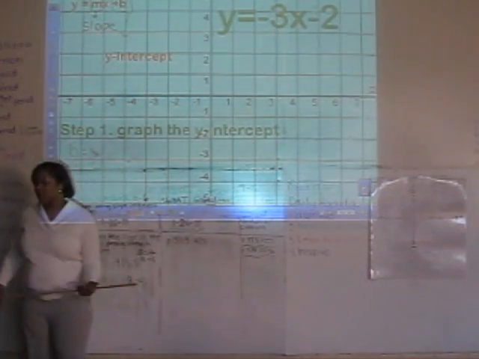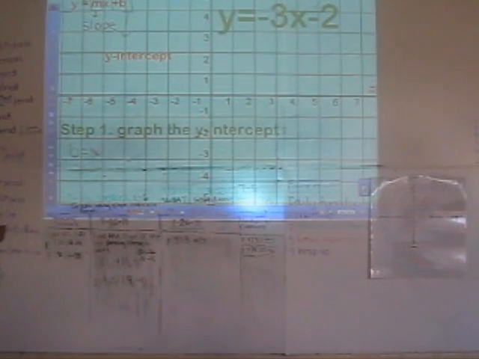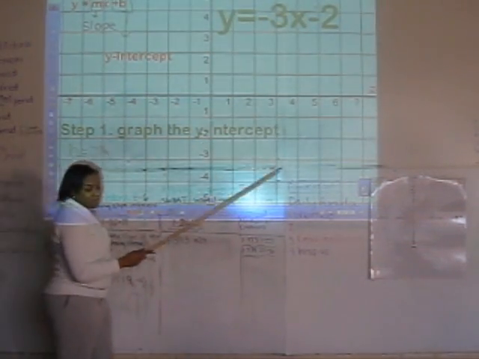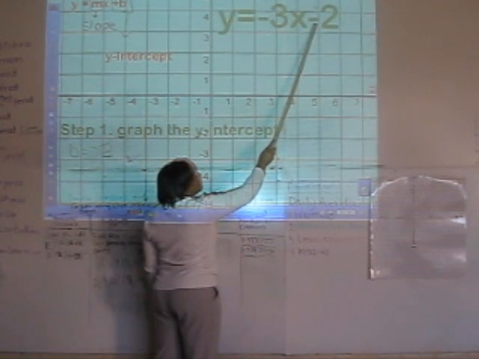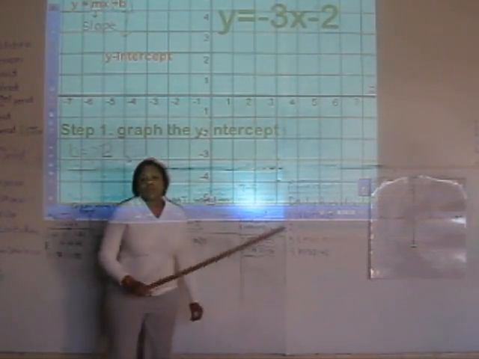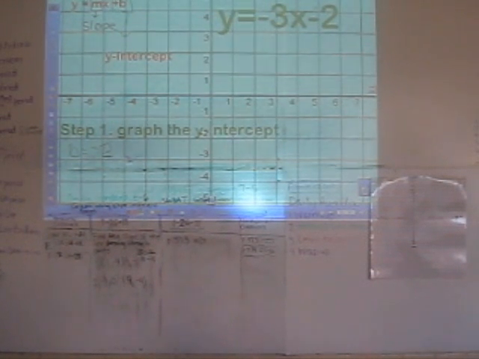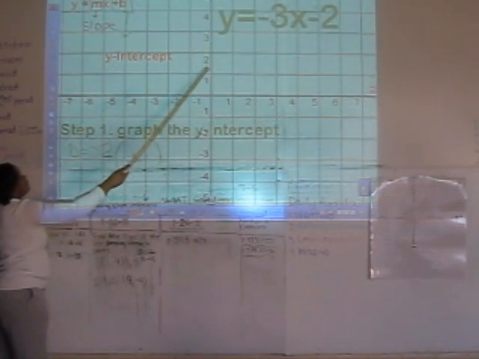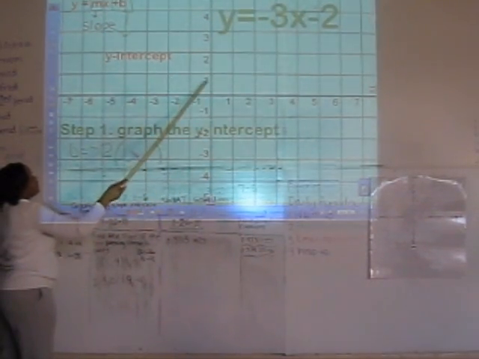Raise your hand if you think you know what b is in this equation. Okay, Acacia? Right. And I'm glad she said -2, because she noticed that a subtraction was in front of the 2, so that was very, very good to say -2. b equals -2. Then we're going to write this as an ordered pair. Notice that wherever the y-axis is, x always equals 0, because we don't go left or right.